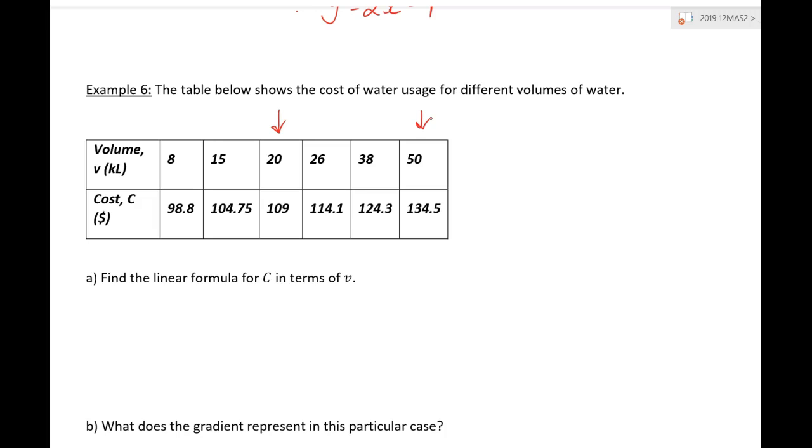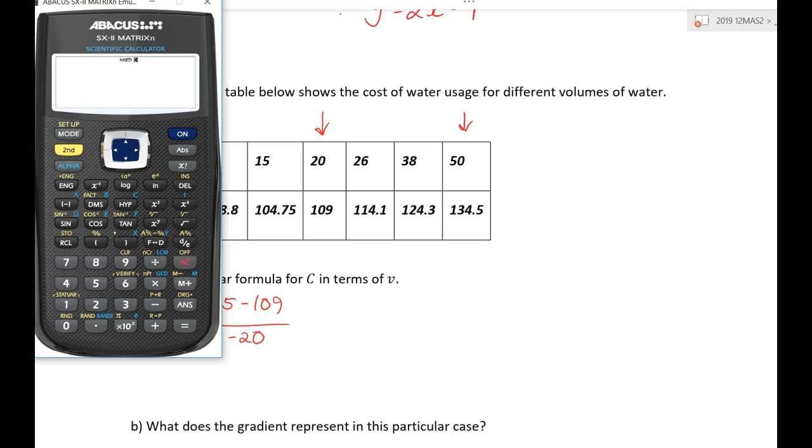Okay, so my gradient equals, now it's the bottom one here, so 134.5 minus 109 over 50 minus 20. Now I want to be careful and not make a mistake, so I'm going to pull out the calculator here.